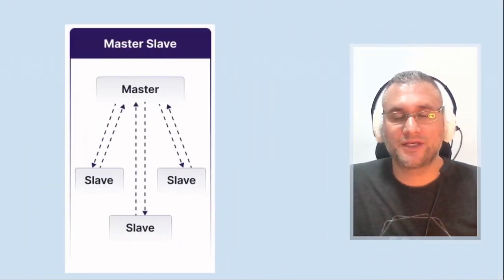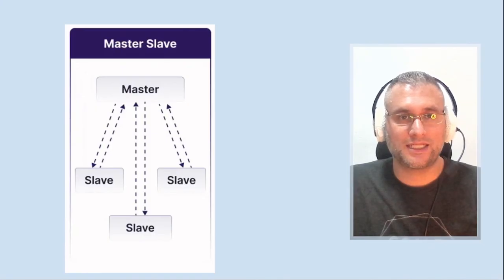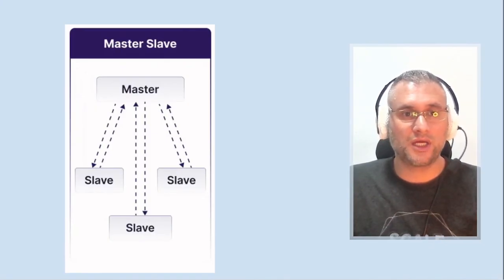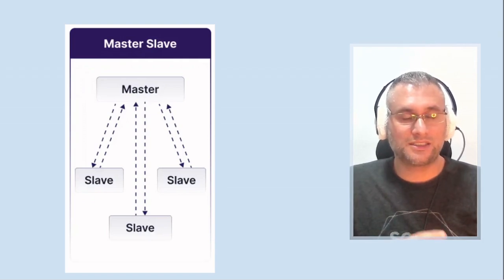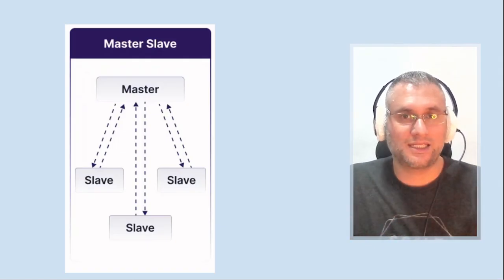Finally, we have the master and slave architecture pattern. In this pattern, the main goal is that you have a master, and this master directs the flow or the tasks that the slaves need to do.